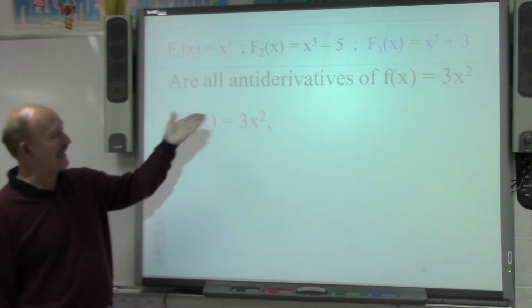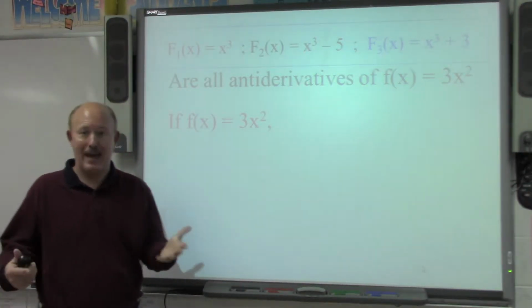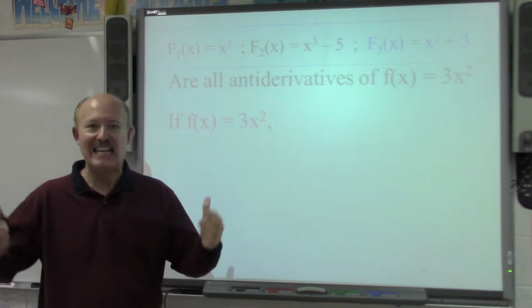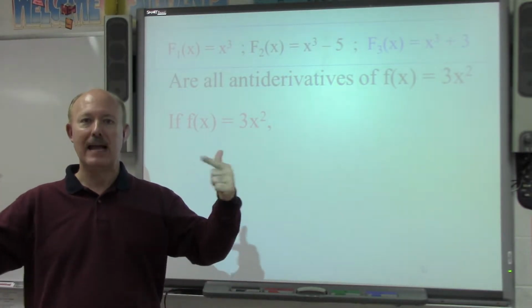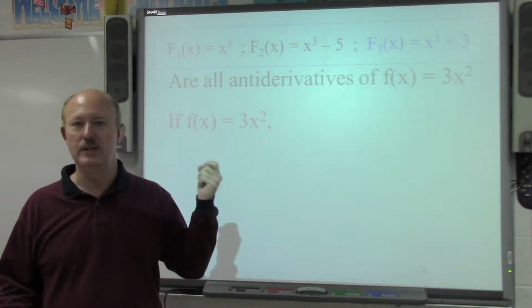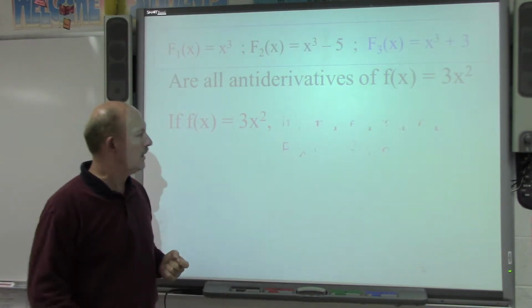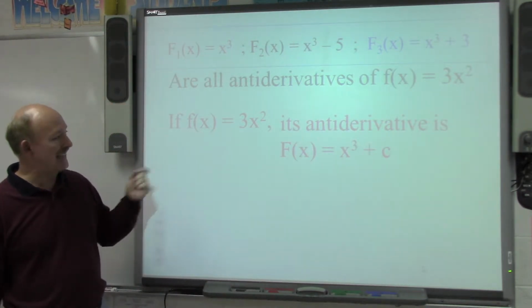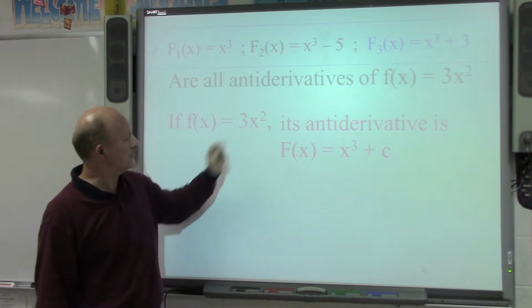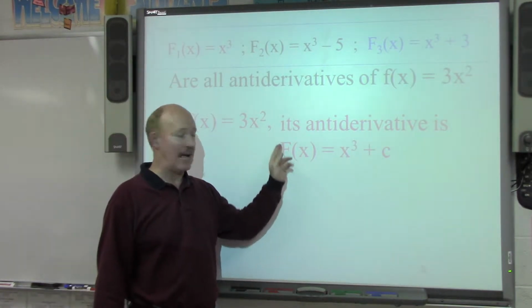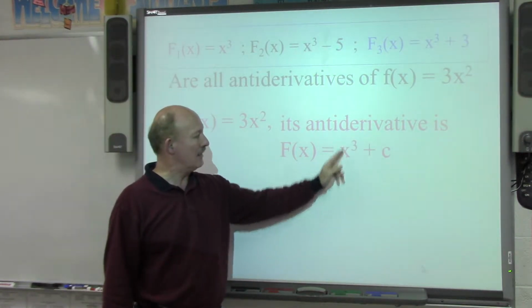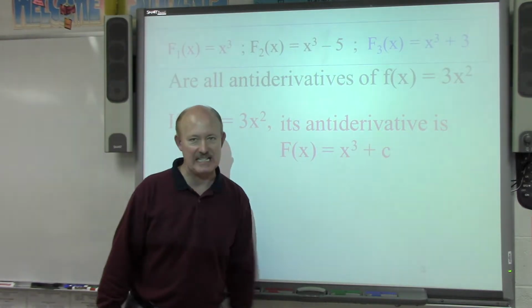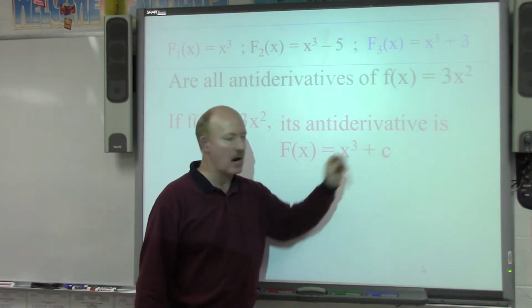So if you're asked to find the antiderivative of 3x to the second power, there's actually an infinite number of antiderivatives, all of them with different y-intercepts. To compensate for that, we say the antiderivative of 3x to the second power is capital F of x equals x to the third power plus c. The plus c is called the constant of integration.